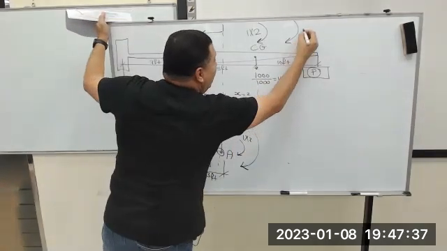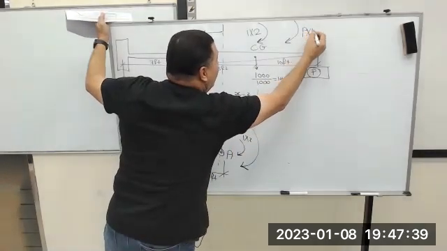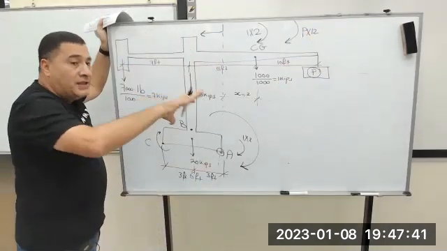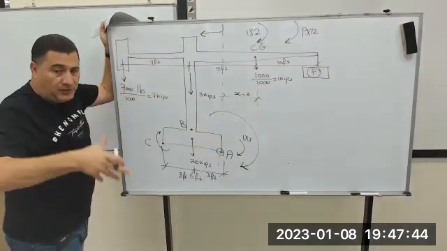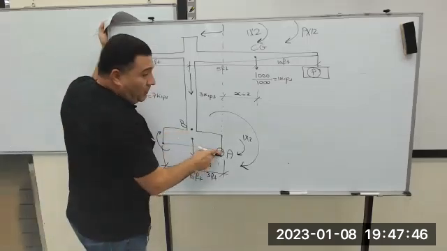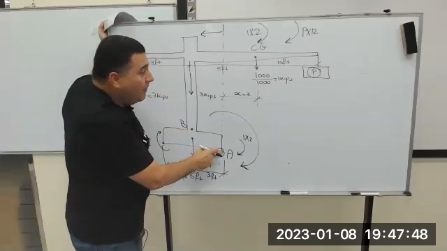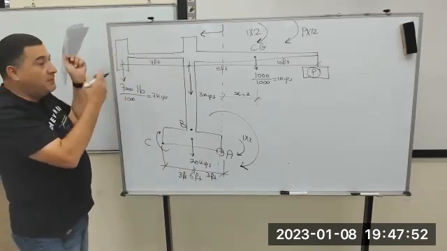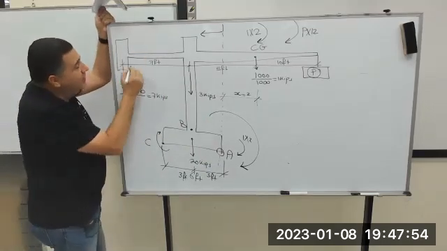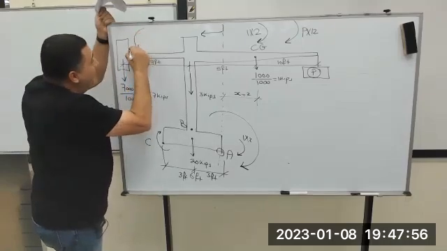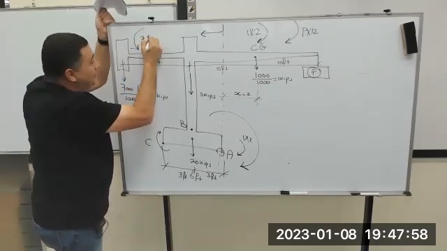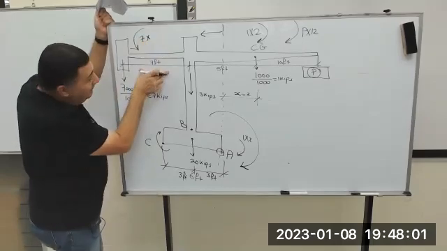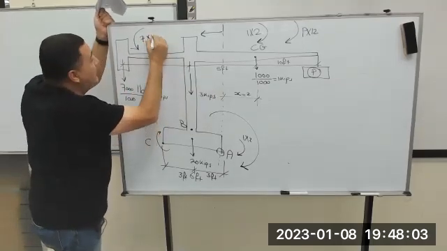Now we have B multiplied by 12. If there are 2 forces, they will develop 2 moments around this point. But to make it balance, there is another one. This is already defined: 7 multiplied by 7 plus 3, you have 10.